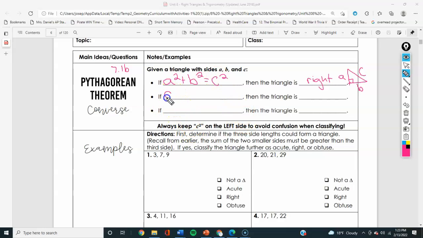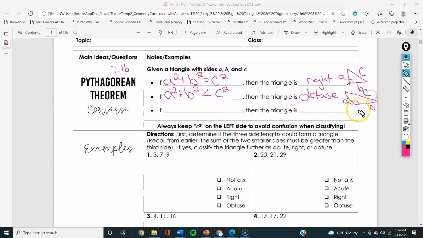Now, if a squared plus b squared is less than c squared, so c squared is bigger, that's going to make it an obtuse triangle. An obtuse triangle has one angle that's bigger than 90 degrees.